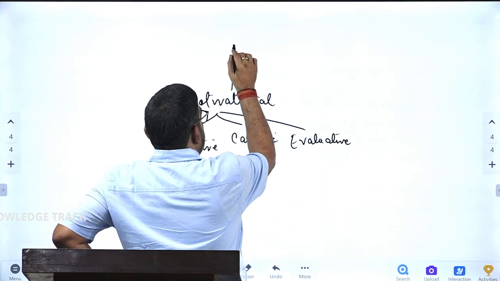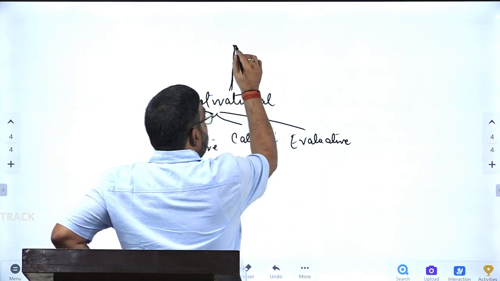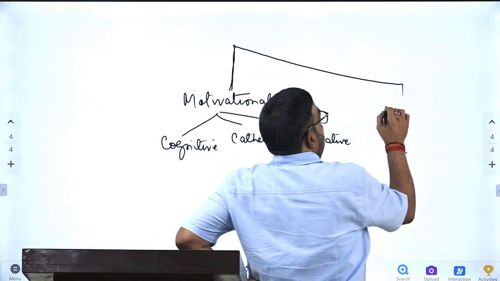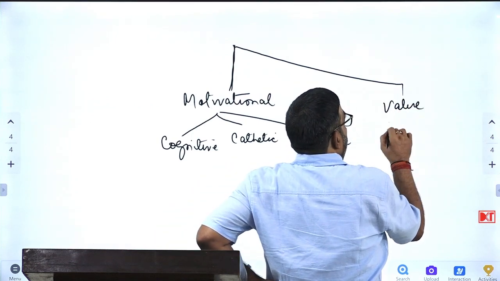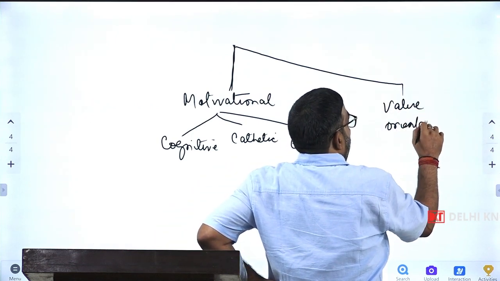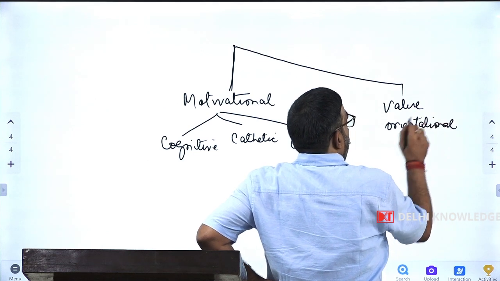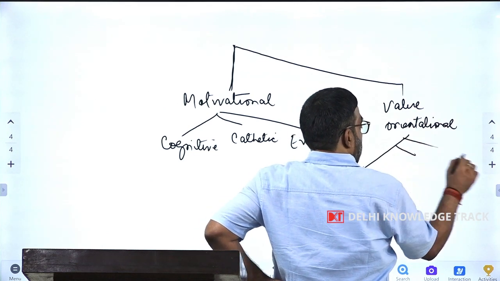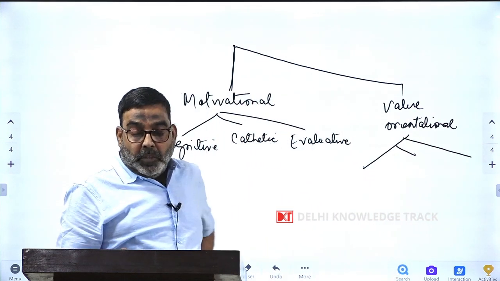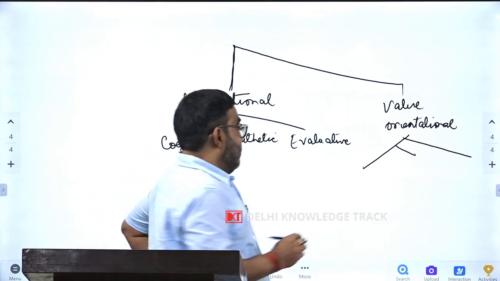So, the situation is motivational and value orientational. The value orientation has three standards: that is cognitive standard.